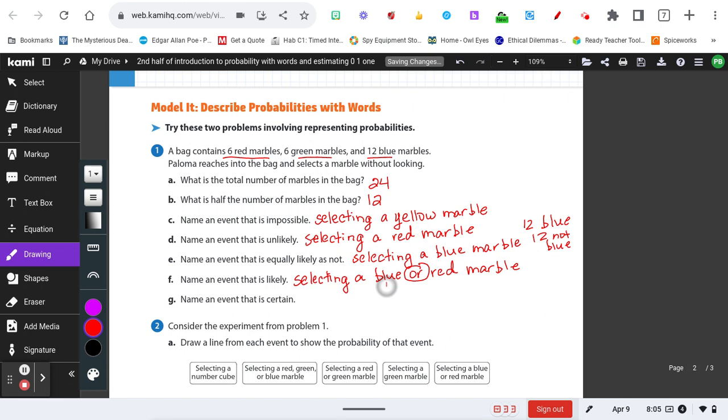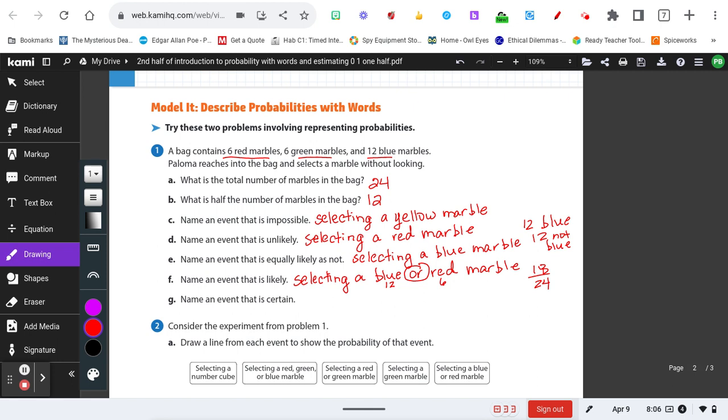So I know it's 12 blue and 6 red, so that's 18 out of 24. That's likely to happen. It's only 6 that are not, and that's if I picked a green. But 6 compared to 18, 18 is way more than 6.